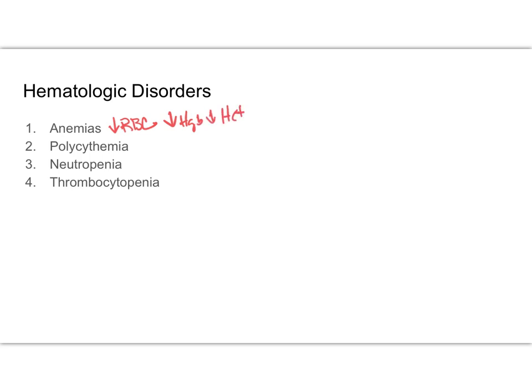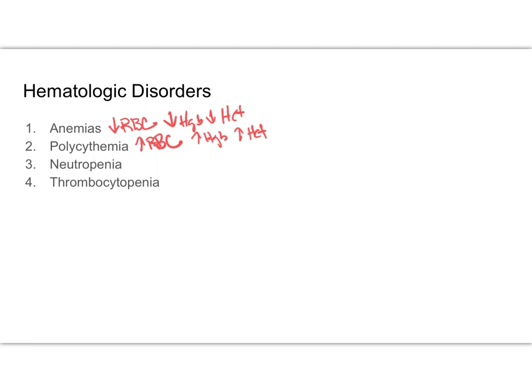Okay. Polycythemia. What's the big overarching out of whack thing? Increased red blood cells. And so hemoglobin hematocrit go hand in hand, so you can expect that those will also be elevated.